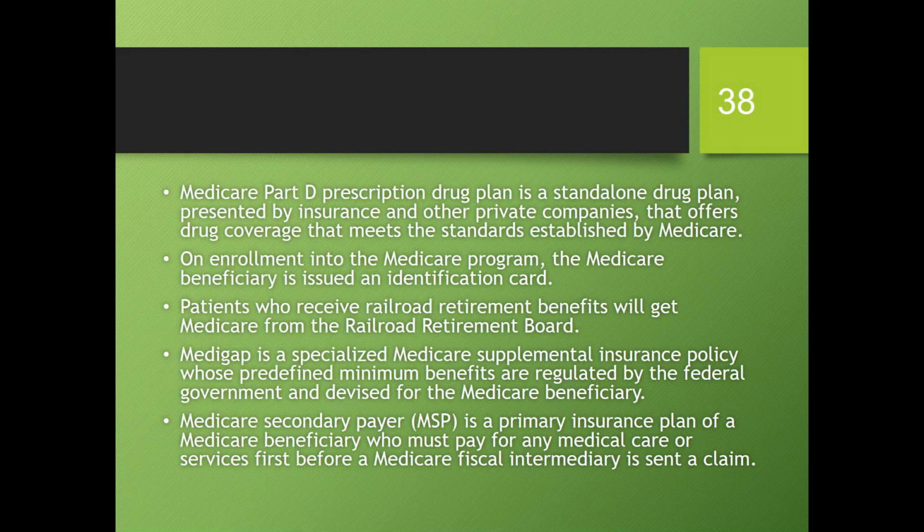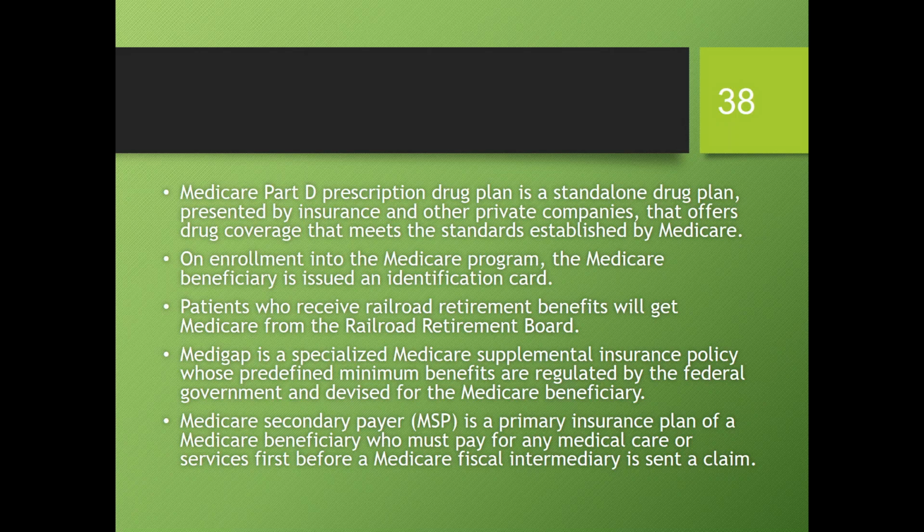Medicare Part D Prescription Drug Plan is a standalone drug plan presented by insurance and other private companies that offers drug coverage that meets the standards established by Medicare. On enrollment into the Medicare program, the Medicare beneficiary is issued an identification card. Patients who receive Railroad Retirement benefits will get Medicare from the Railroad Retirement Board.